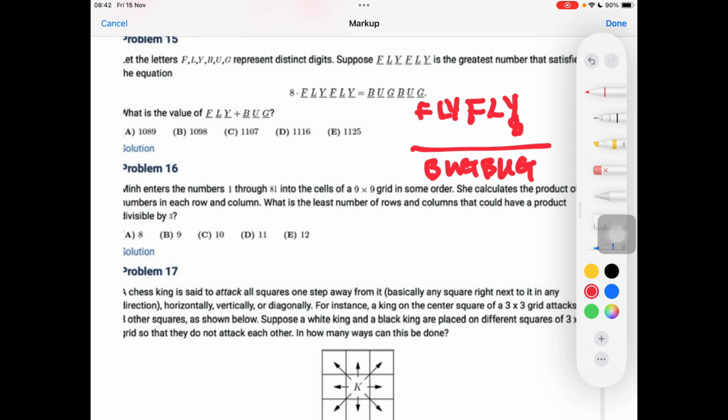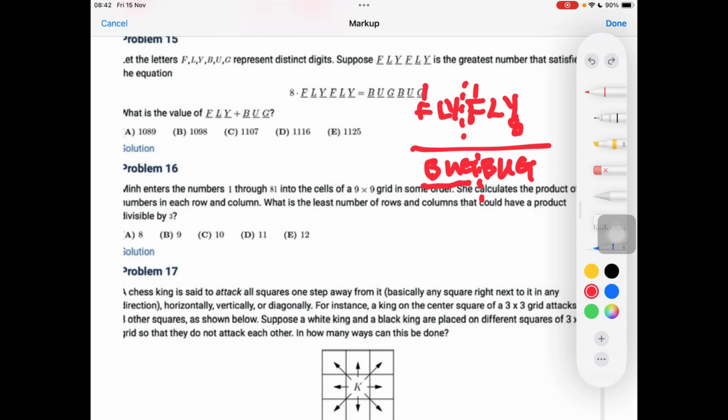I think from here, F should be 1. Because if F is not 1, this cannot be 3 digits. You know what I mean? Because 2 times 8 already becomes 16, so we need another digit here.